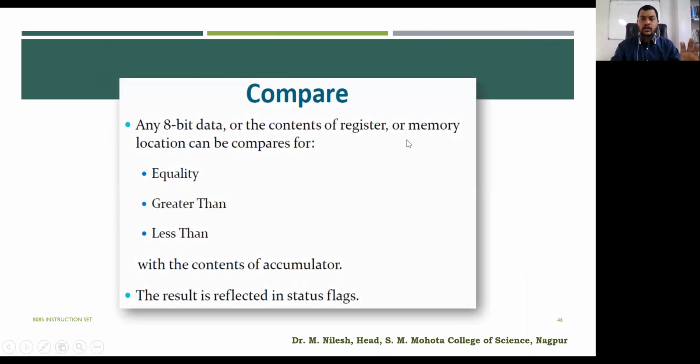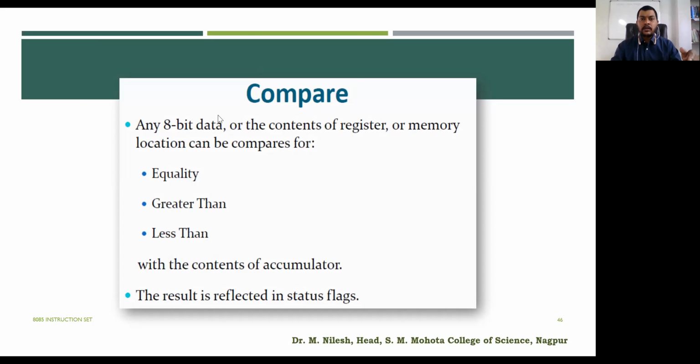So I'm just telling you what the logical instructions are and what they contain. Compare: what type of comparison can it do? Any 8-bit data or contents of a register or memory location can be compared for equality, greater than, or less than with the contents of the accumulator.